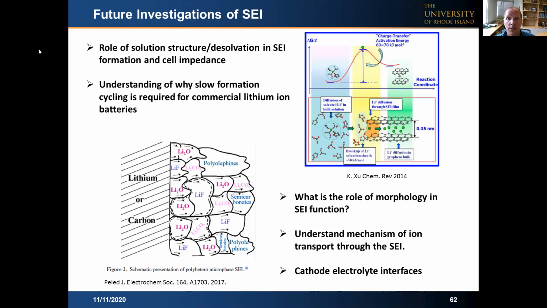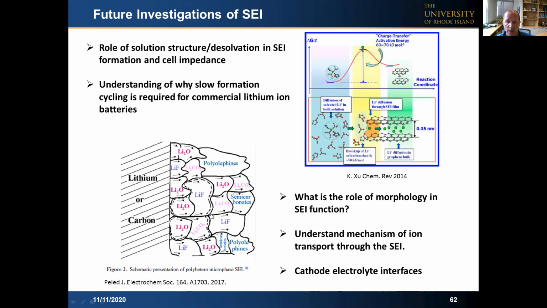Most likely, this slow formation cycling is not changing the composition of the SEI. It's more likely that slow formation cycling is changing the morphology of the SEI, at least from preliminary investigations in our lab.